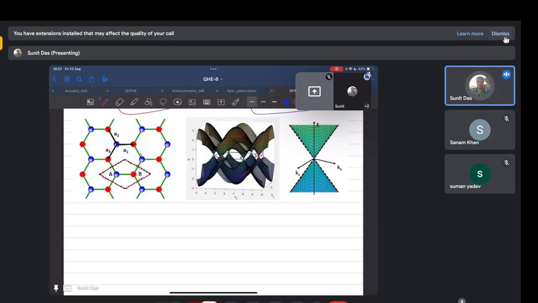If you zoom into this portion, some K or K prime, you will see that there is an almost perfectly linear band dispersion along kx and also along ky.